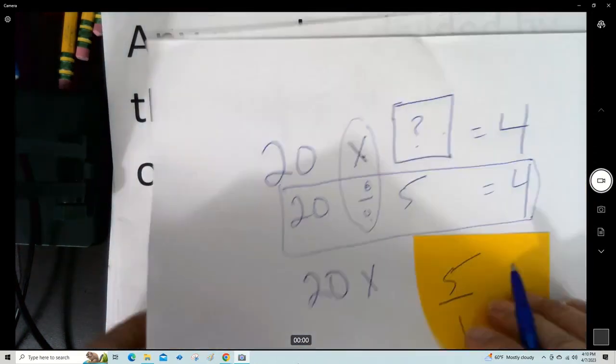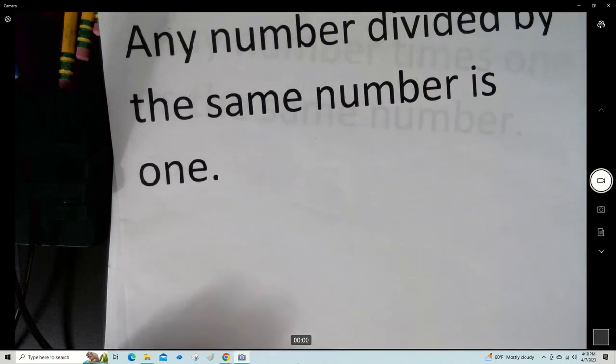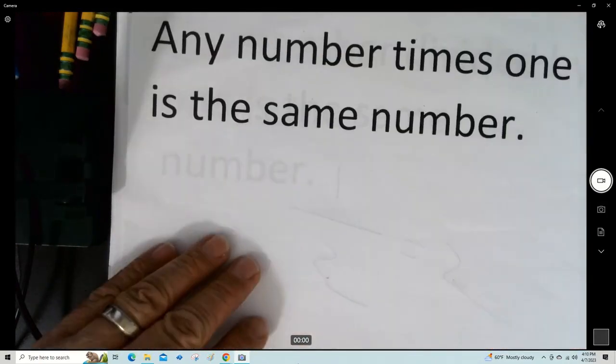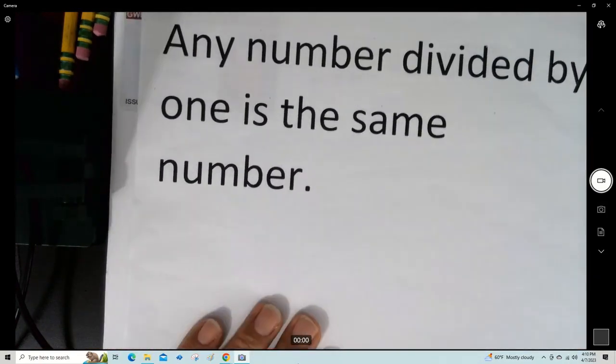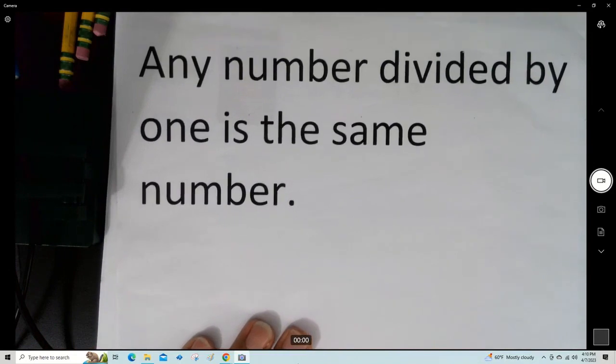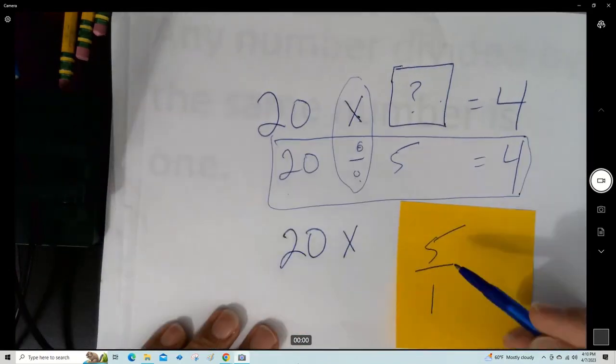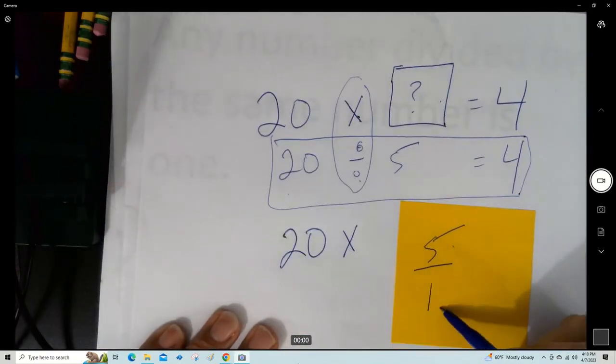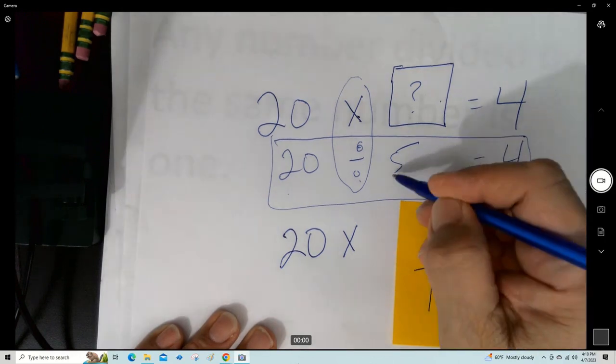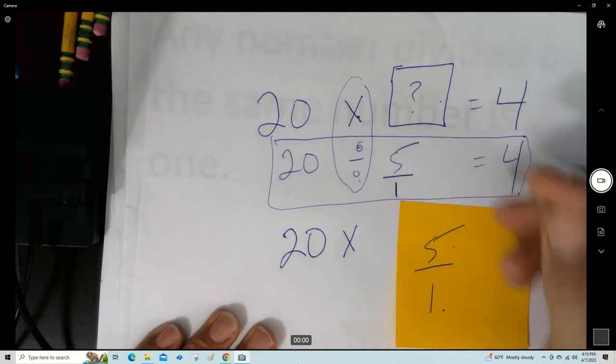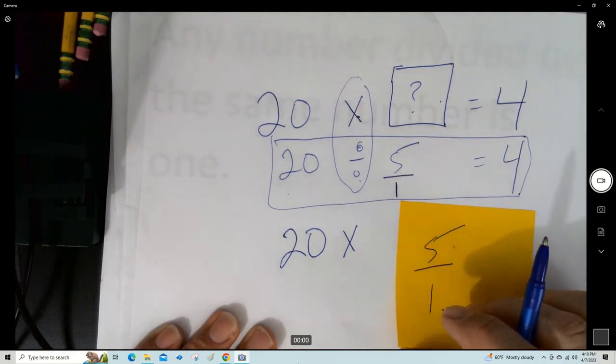Let me go back to it. Any number divided by 1 is the same number. So if we take 5 and divide it by 1, it's still 5. So if we can write that number as a fraction, then we can flip that fraction.